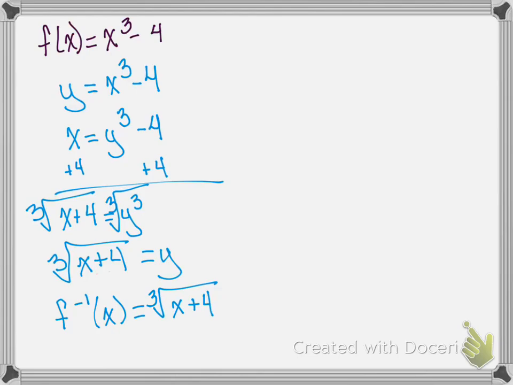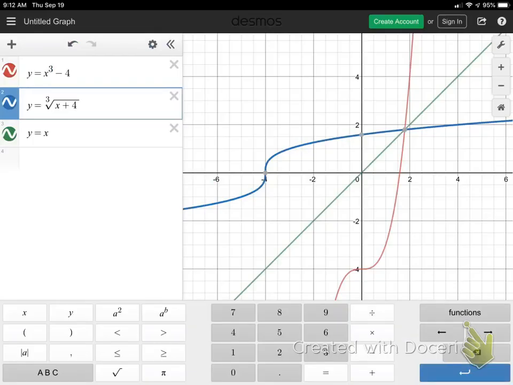First, let's go ahead and look at this. I think this is cool. This is a good graph of inverse functions. Our green line is our identity function, y equals x. My red line is my original function.